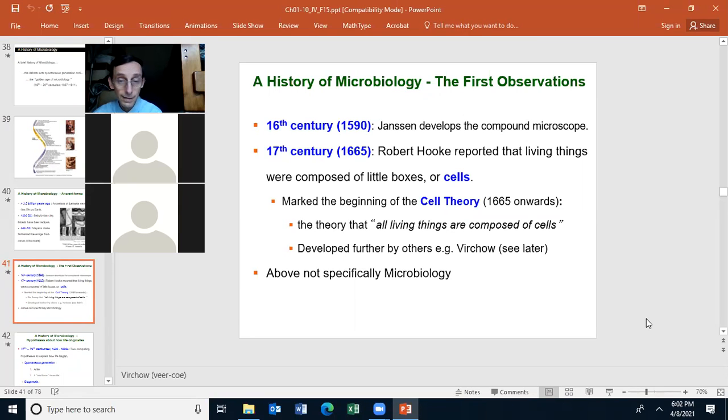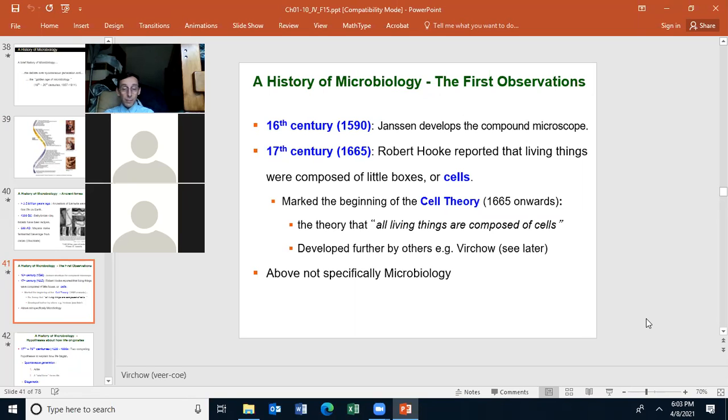It wasn't until 1665 that Robert Hooke reported seeing the first cells. What he did was he took shavings from cork and from other plants, and he could see the very first cells. When he looked under the compound microscope, he saw little boxes of plant cells.